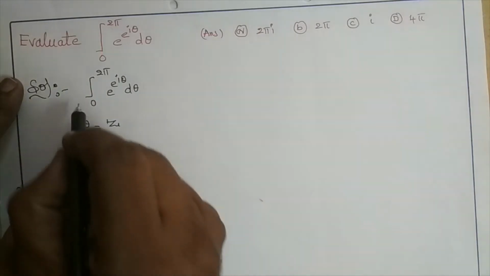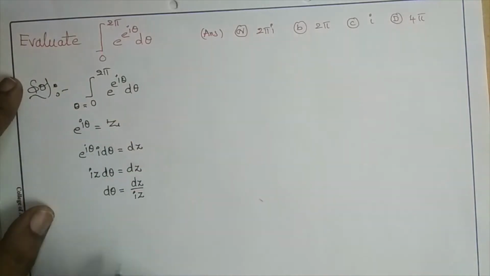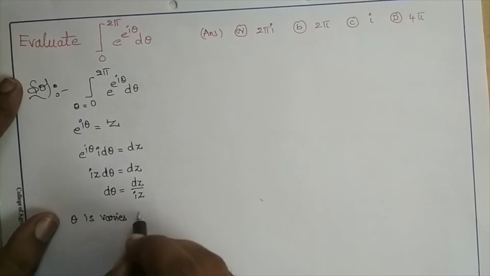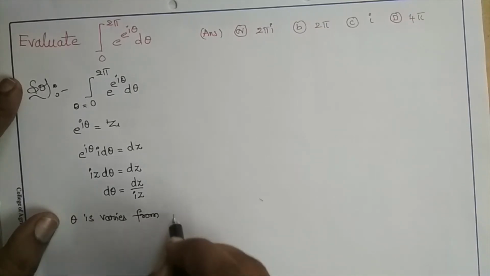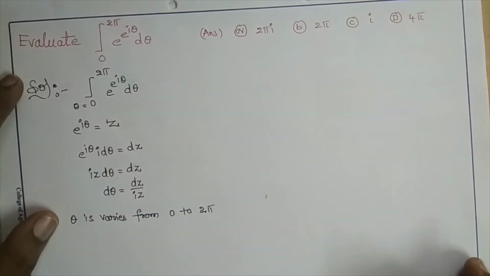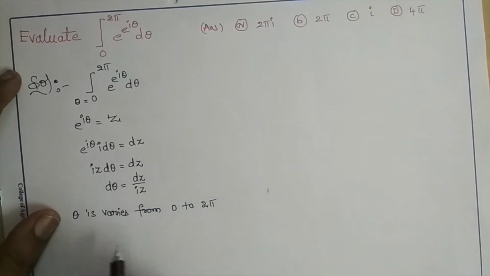And what about limits? Here theta varies from 0 to 2 pi. That means a circle. Now I am going to complex analysis.